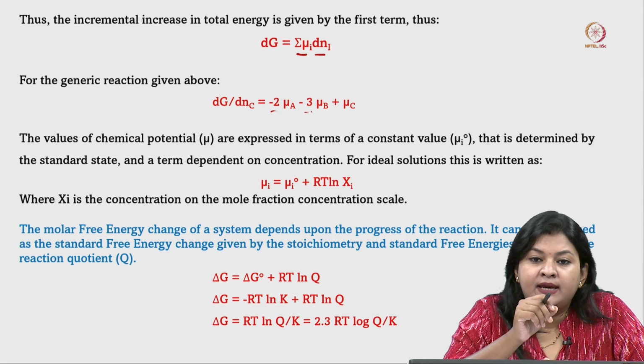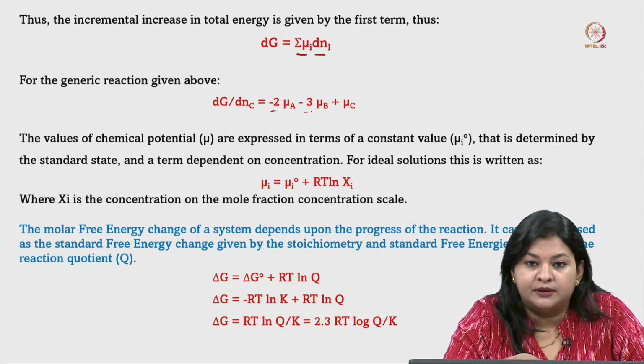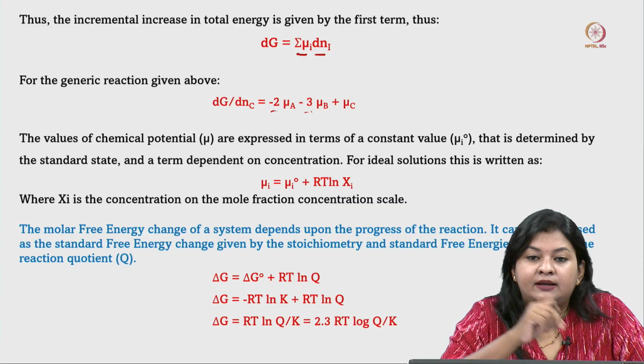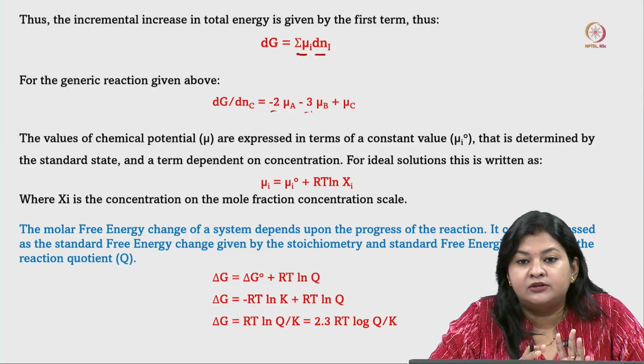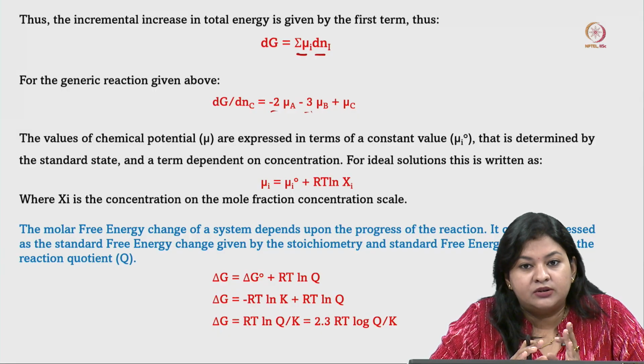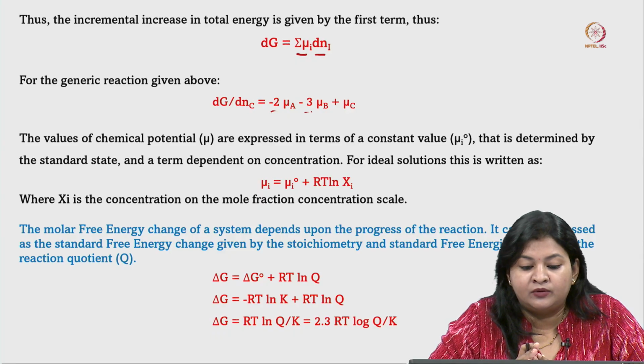So, 2A in the reaction will be 2 mu A here. If 3 moles of B were required in the reaction, here it will be 3 times mu B.